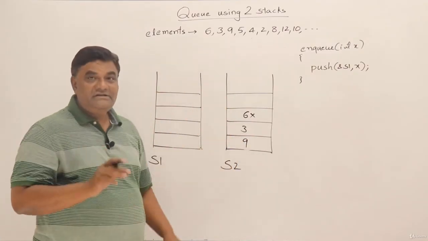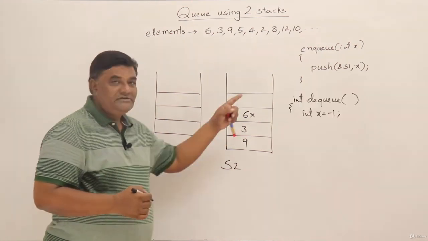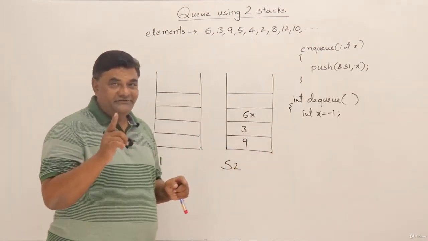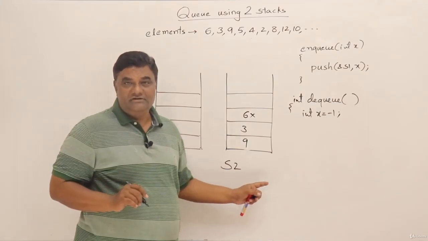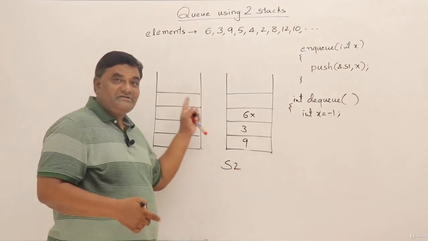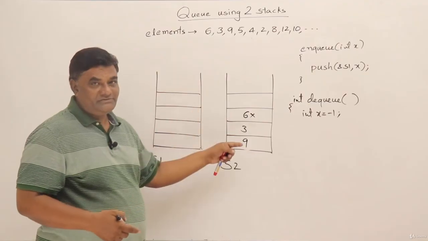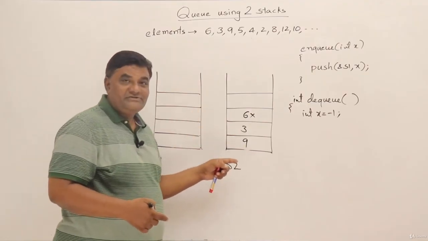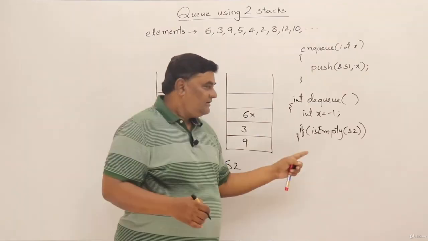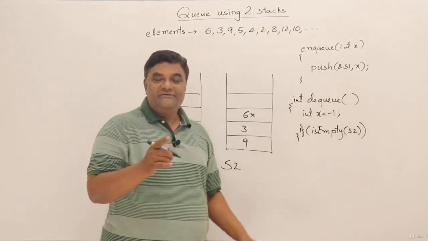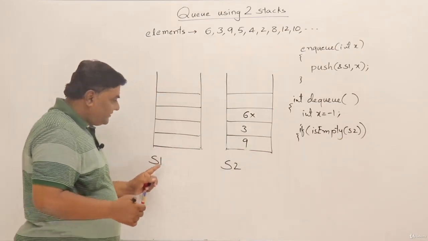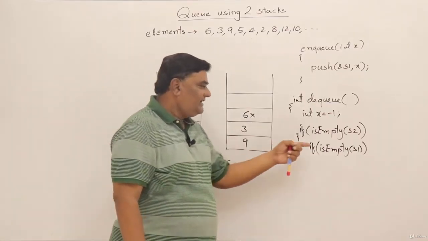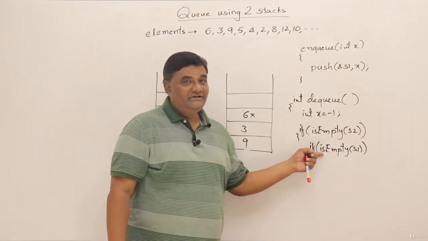So I will write down the DQ function. See, the first thing in DQ is to check whether S2 has some elements or not. If S2 is empty, transfer the elements from S1 to S2. I am checking S1 also here, whether it is empty.